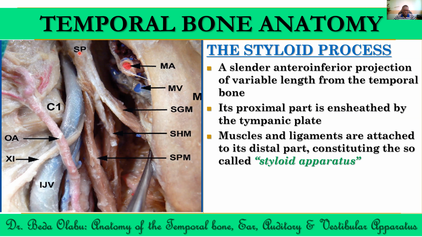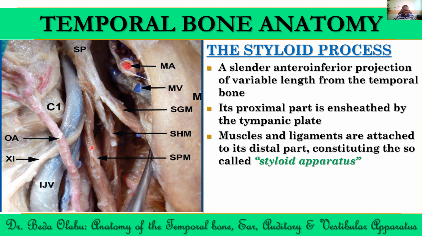This one comes from the styloid process to the tongue. We call it styloglossus muscle. This one comes from the styloid process to the hyoid bone, so we call it stylohyoid muscle. This one comes from the styloid process to the pharynx, so we call it stylopharyngeus muscle.